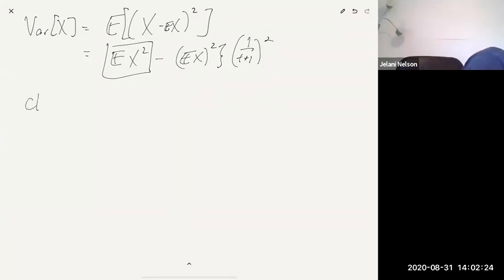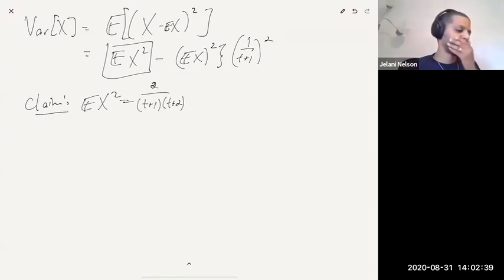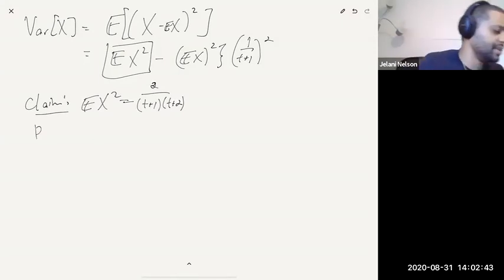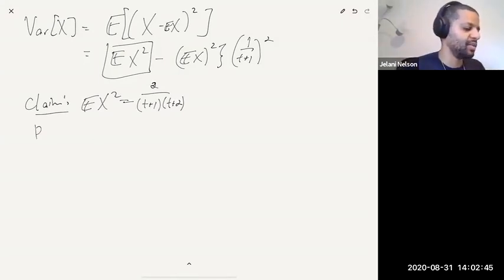And the claim is that the expectation of x squared is equal to 2 over (t plus 1)(t plus 2). Okay. And the proof is very similar to the last whiteboard in that you integrate.